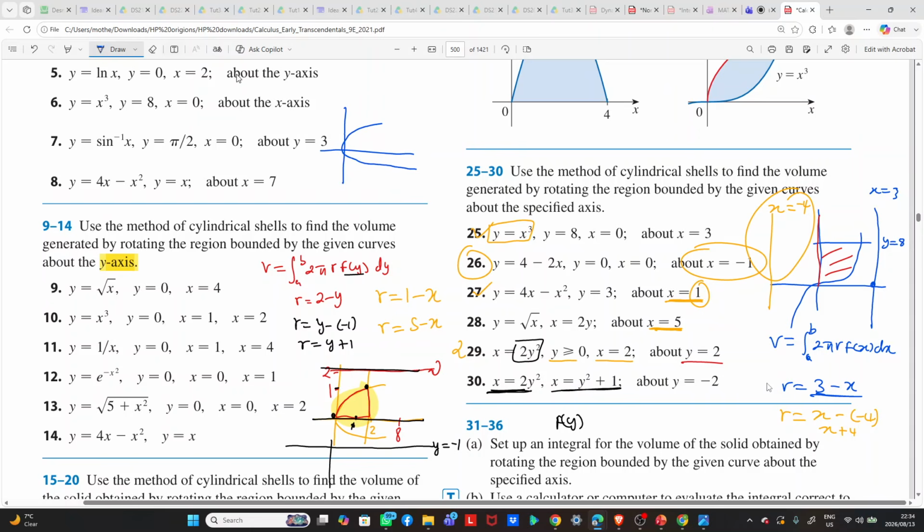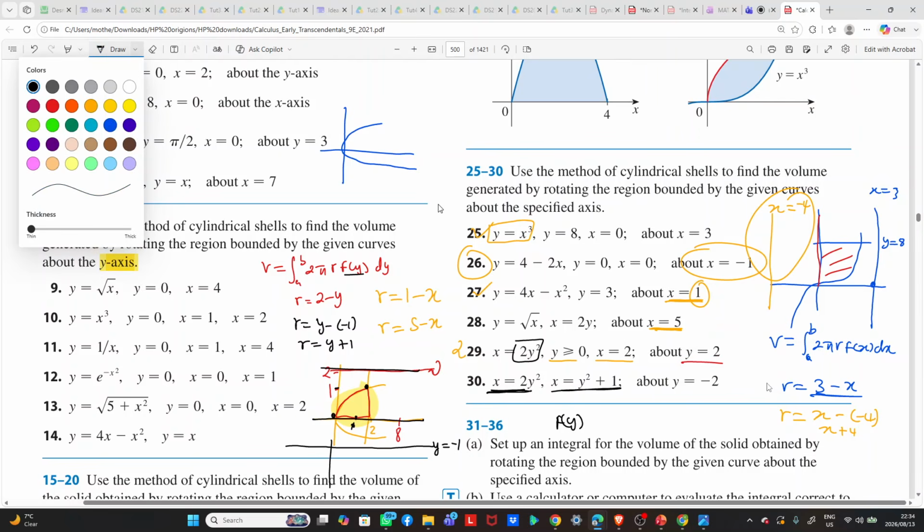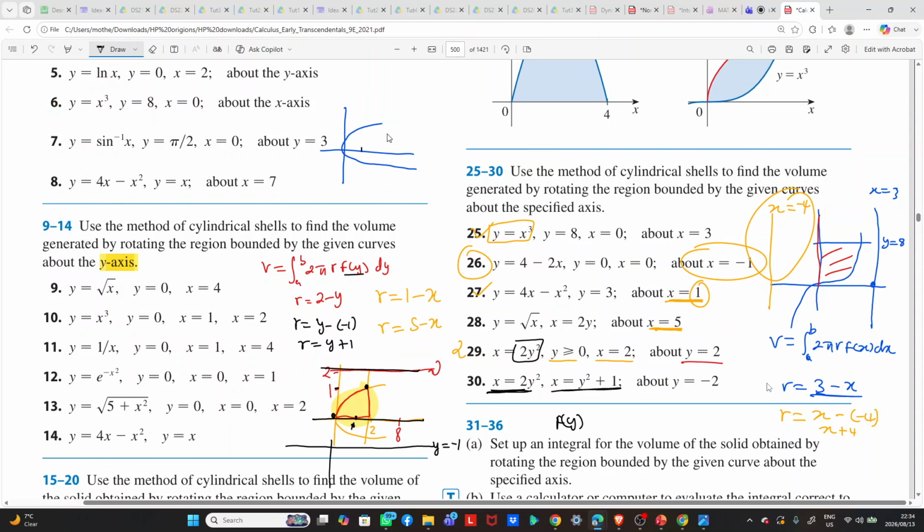This thing is glitching a lot. And the other one, x equals y squared plus 1, is a parabola that is shifted 1 unit, so we'll have something like that. They will intersect obviously at some point.